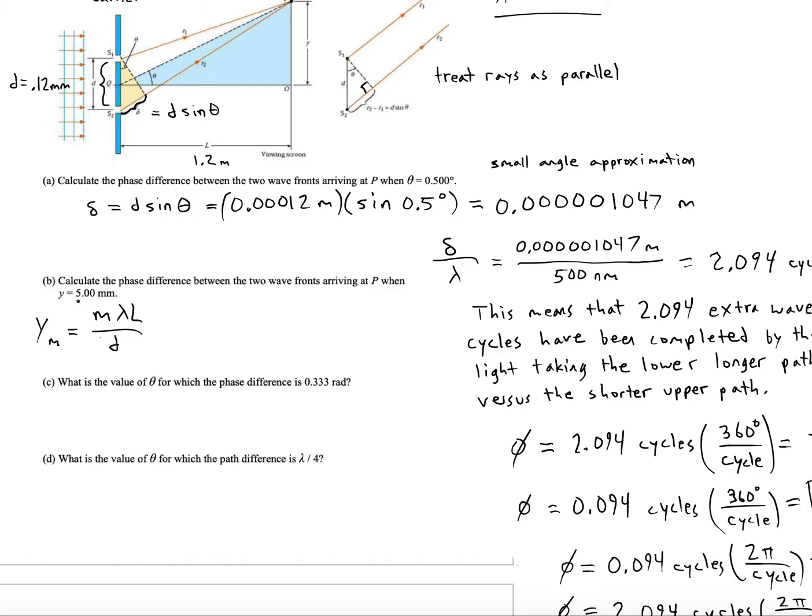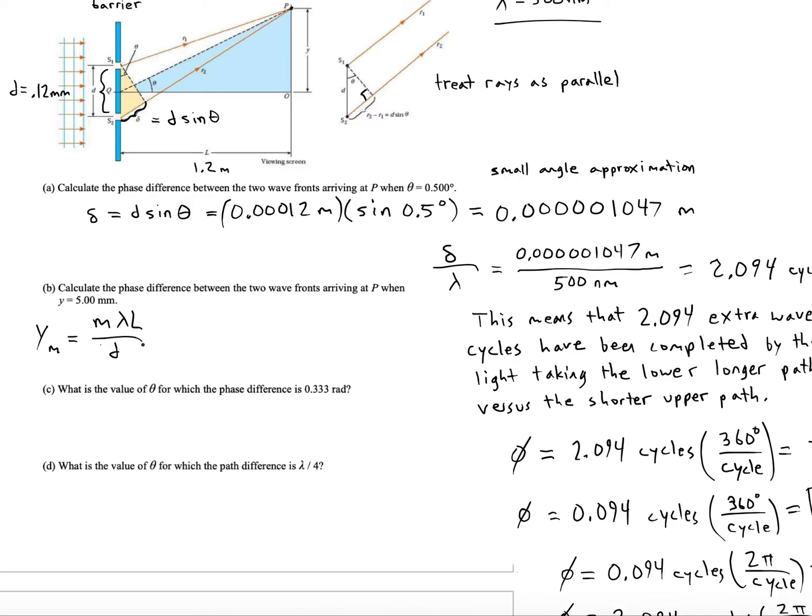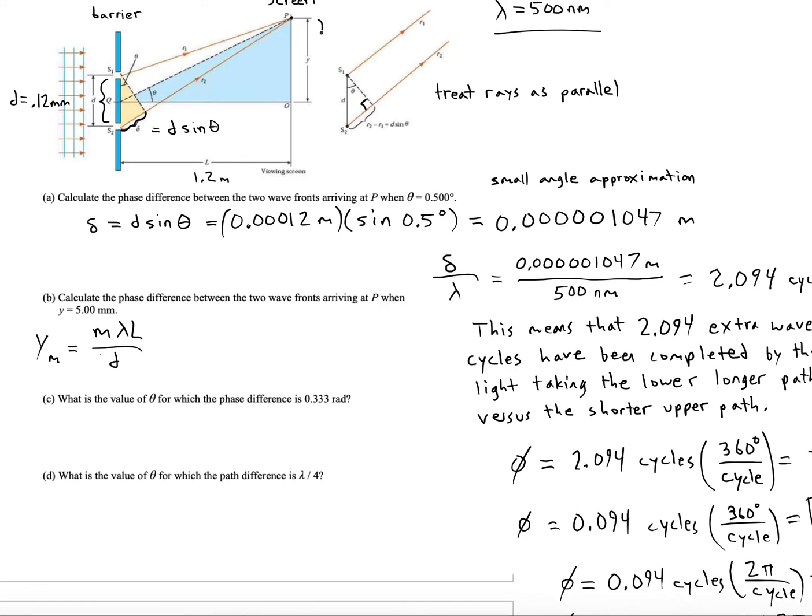Because now we can plug in the vertical height. And when they talk about the vertical height, they're talking about this height here from the central maximum, from the center axis here to the point P. That would be y.